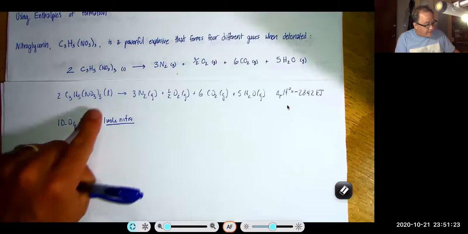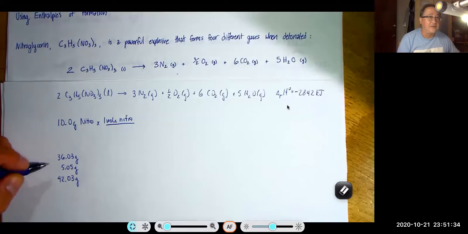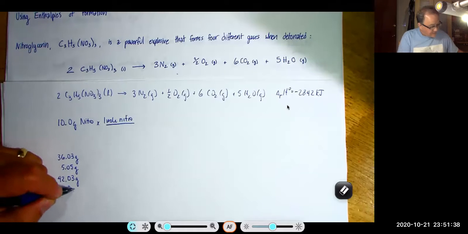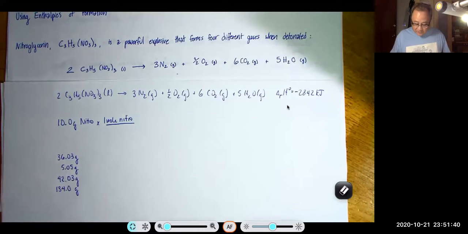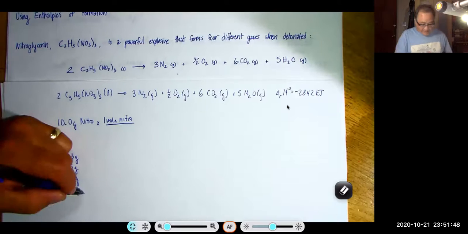And then we have 9 oxygens. Each oxygen is 16. 9 times 16 is 90 plus 54, which is 134, I think. I'm going to double check that one. So 9 times 16, it's 144. I didn't add right correctly in my head.